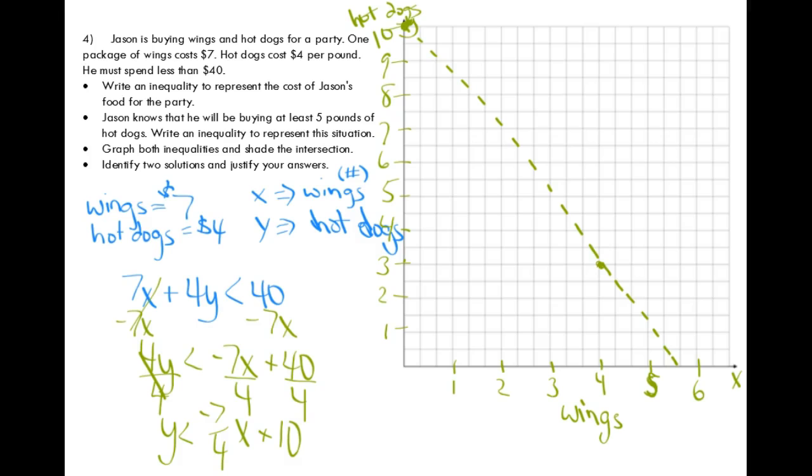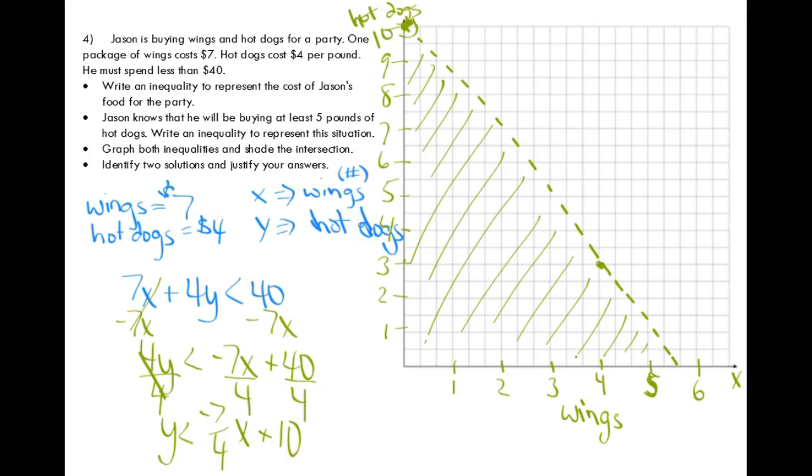You can take anything under this line because it's y less than, so I'm going to shade like this. And anything in there works. Any coordinate in there would be the correct number of wings and hot dogs to satisfy the need to spend less than $40.